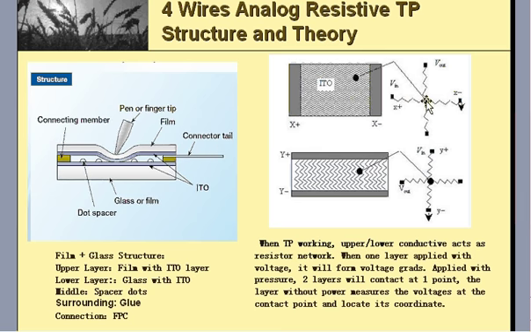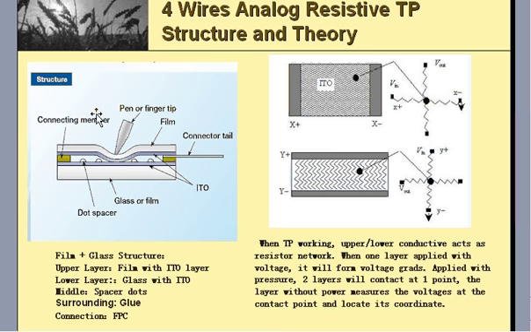So in that case, if we use a resistive touch panel to locate the touch, for example on the top ITO, from this touch point to the edge there is resistance, and also to the right-hand side there is another resistance.